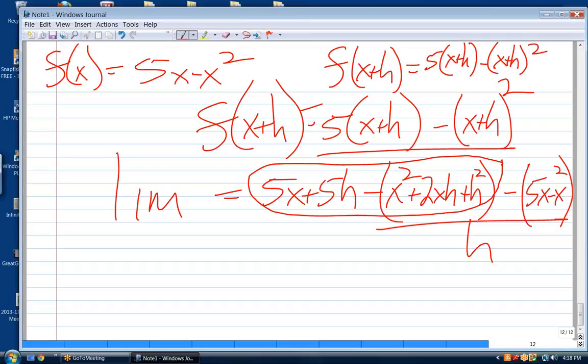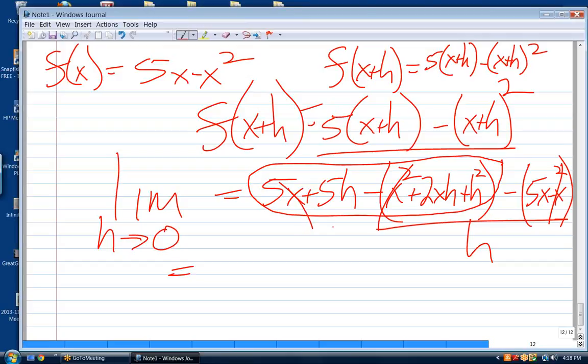Now, what happens when you apply this limit quotient to determine the first derivative is that you'll notice all of the terms without h disappear. Remember, I'm going to take this as h goes to 0. So once I reduce this, notice that I have a minus x squared and a plus x squared, so those cancel.